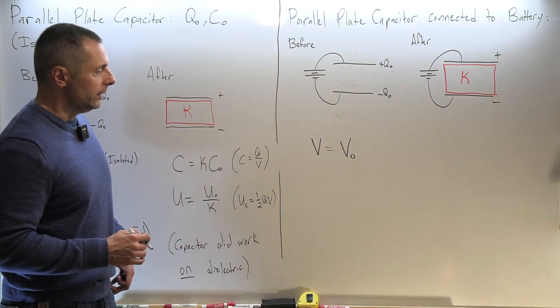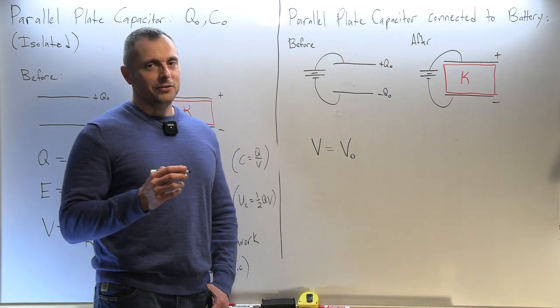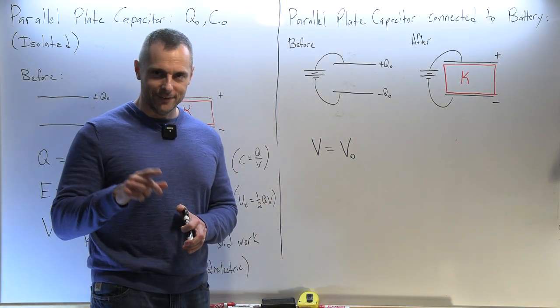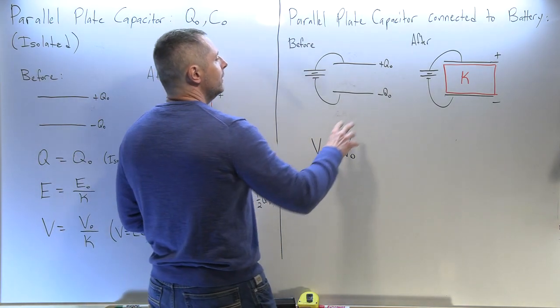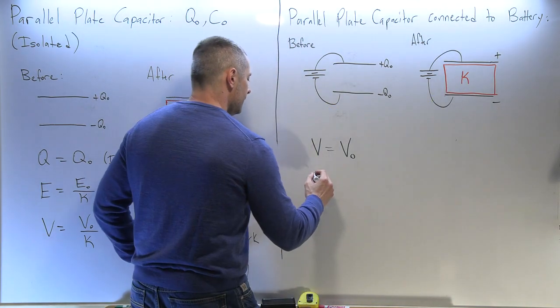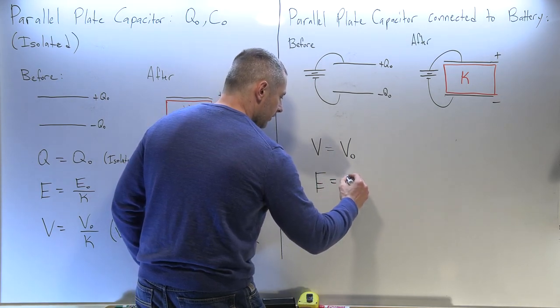So it stays the same. That means, here's something a little counterintuitive. People say, I put a dielectric, it makes the electric field go down. Not in this case. If the voltage is the same, the electric field has to be the same.